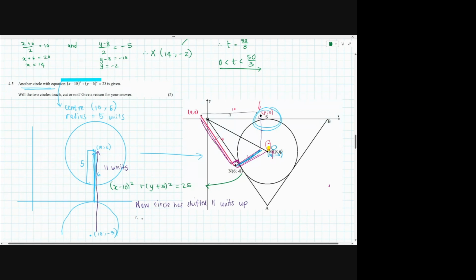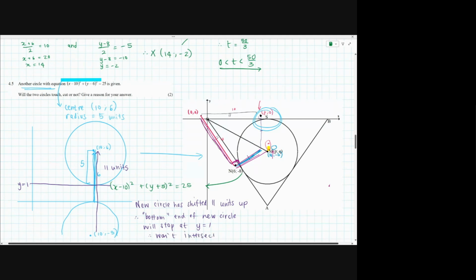Which means that, this is probably not the most mathematical term, the bottom limit of your circle will stop at y equals 1. Remember, it will stop here at y equals 1 because of the radius. Therefore, it won't intersect.